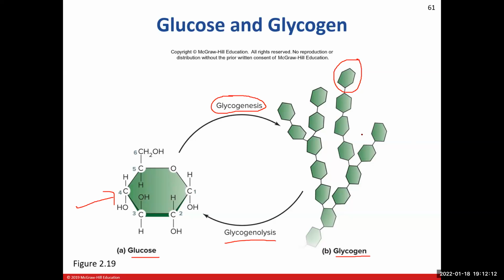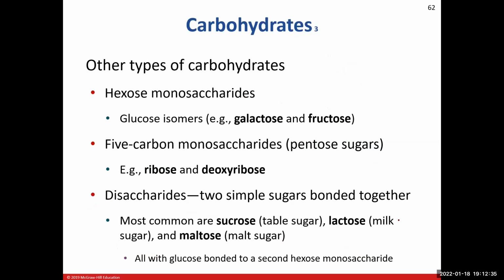And it will start to cleave and cut off these individual glucose monomers and release them into the blood, and they'll circulate around, and whatever tissues need the glucose can use it. The brain loves glucose. It's its fave. All right, so that's how we make glucose into the stored form of glycogen.